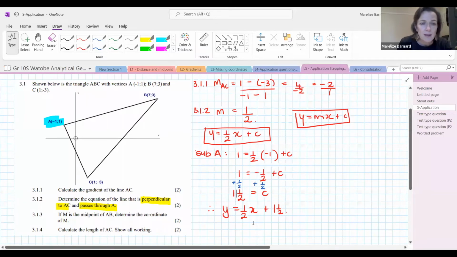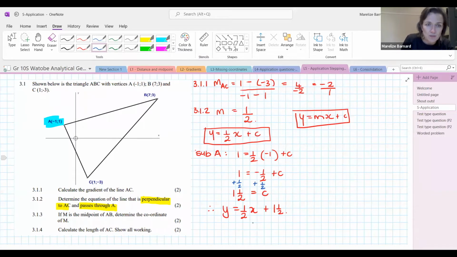Let's do M as the midpoint of AB. Determine the coordinates of M. M is the midpoint of AB. Okay, off you go. We've done this many times. Pop your answer in the chat as soon as you have it. The coordinates of M, the midpoint of AB.